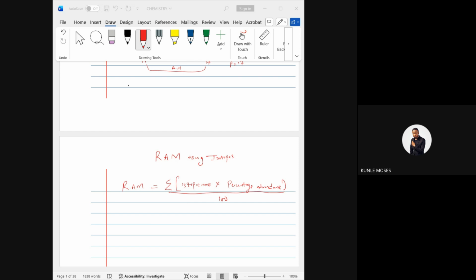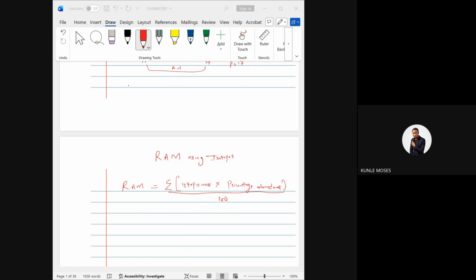It simply means that you will multiply each isotopic mass by its percentage abundance, and you will now add them together. Then you divide it by 100.